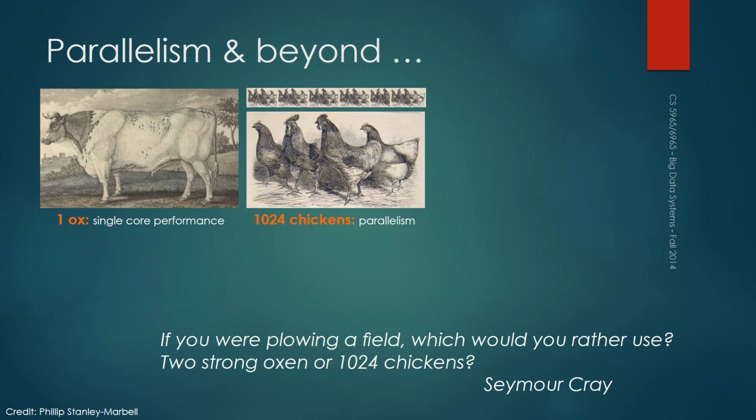Cray, the company that Seymour Cray founded, died out and rose from its ashes later. But the first time it died out was when Intel chips, basically the Pentium chips, became very cheap. They were bad for supercomputing, but they were just so cheap that people would do it.